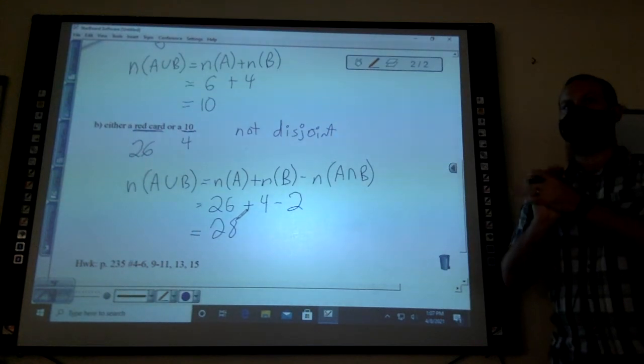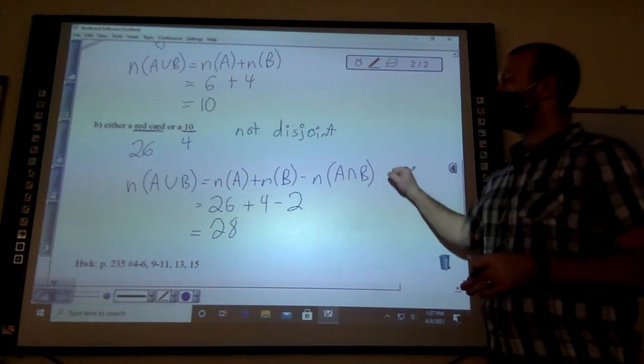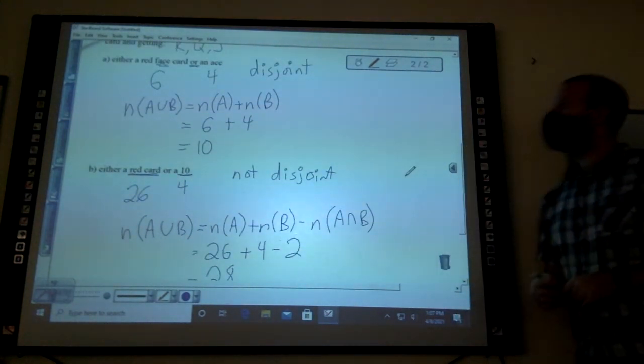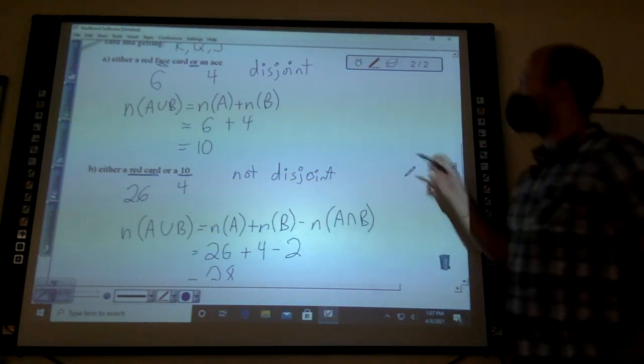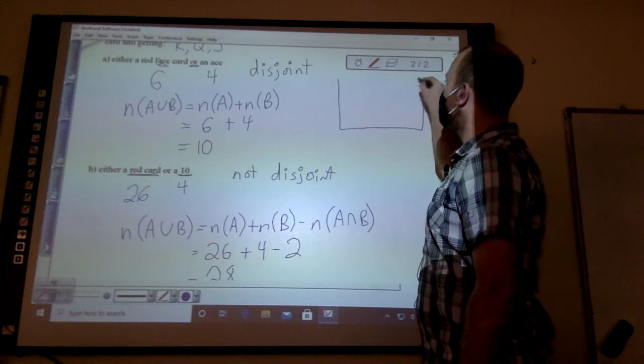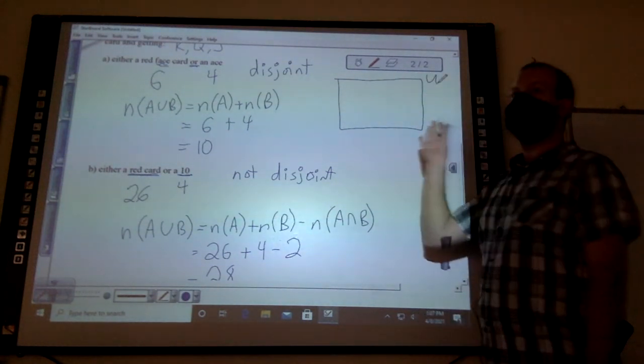Questions with this one? Okay. So to compare this to last unit, what you should be thinking is something along the lines of this. If I'm dealing with the universal set of all cards, I've got 2 sets.